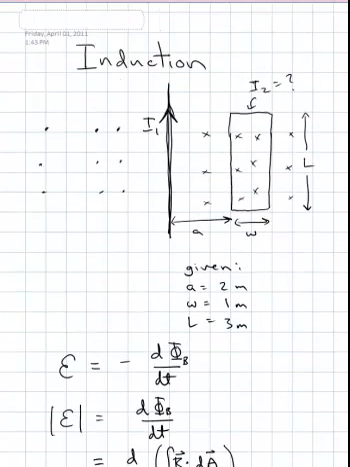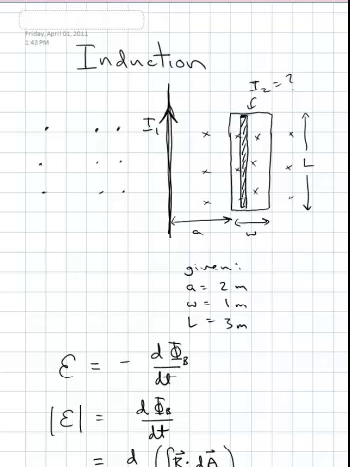And now I have to jump back up here one more time, and we have to figure out what our area element is that we can integrate over. So I'm going to pick a small rectangular section here, and that's my dA.